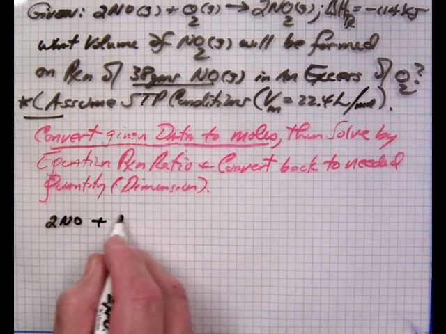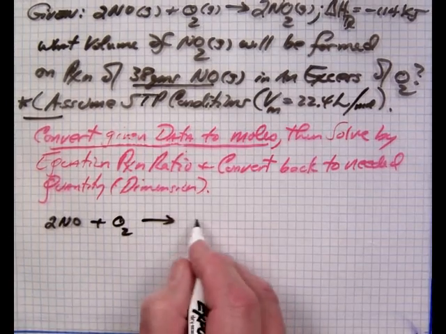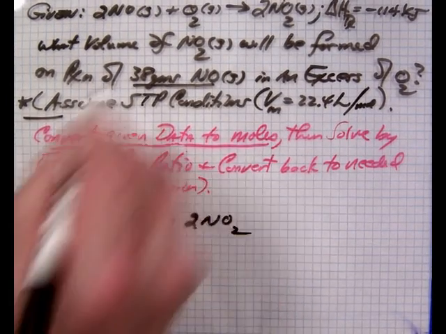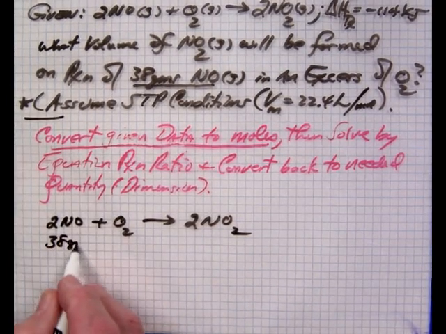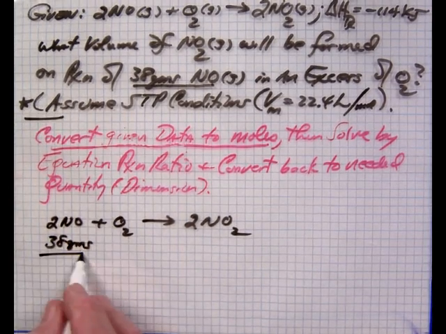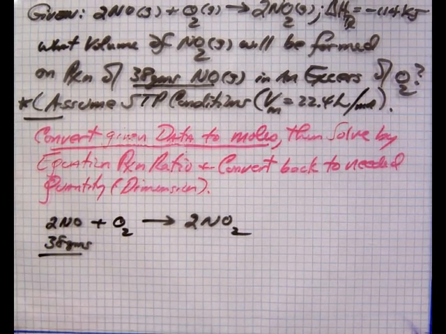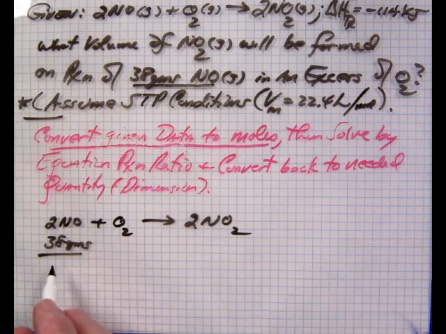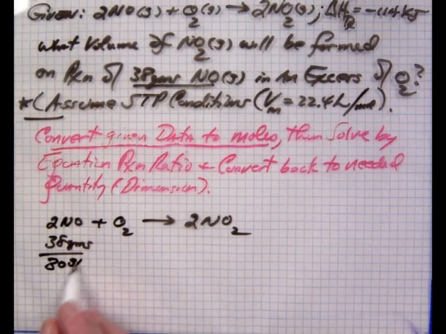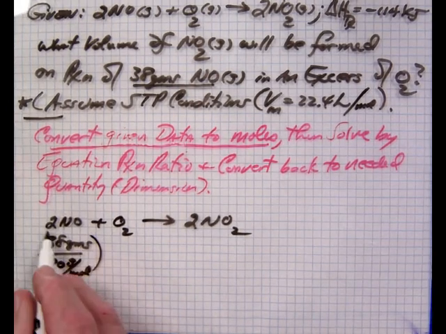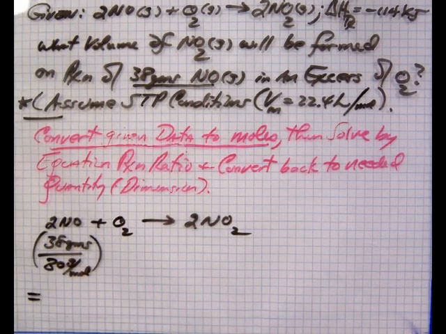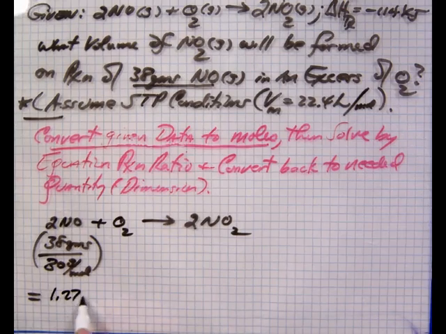Okay, here we'll start with the equation. 2NO plus O2 goes to 2NO2, and we've got 38 grams of this. The formula weight is 14 plus 16, 30 grams per mole. So 30 into 38, 1.27 mole.